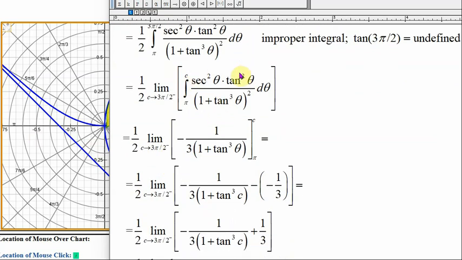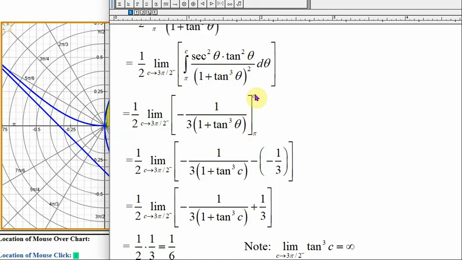And then a few moments ago, we worked this out, and the integral here is equal to negative 1 over 3 times 1 plus tangent to the third theta, and then evaluating from pi to c.